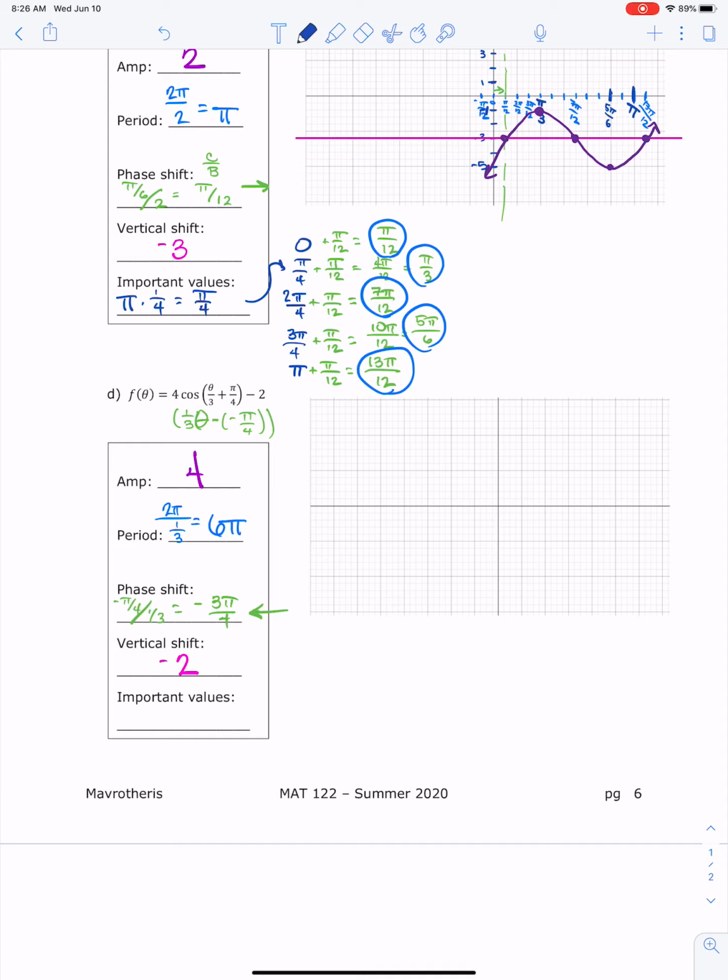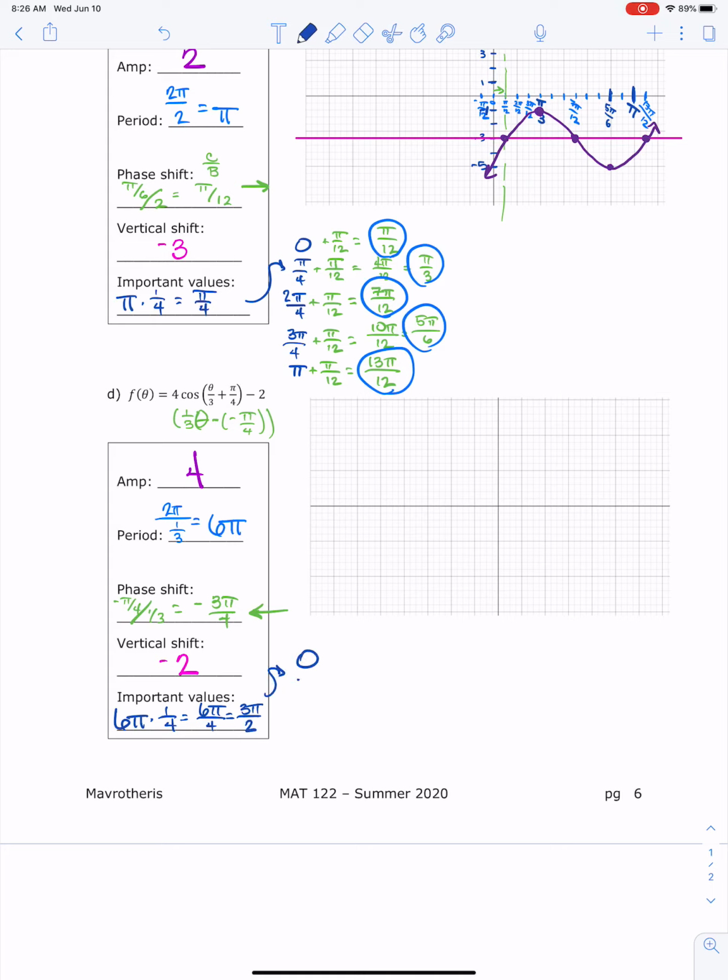My important values. Let's see, my period is 6 pi. I want to cut that into 4 equal pieces. I get 6 pi over 4, which means that those important values I'm looking for are all going to be 3 pi over 2 apart.